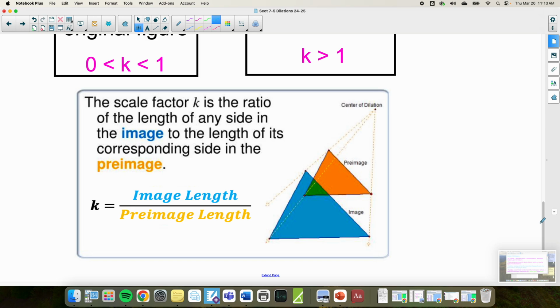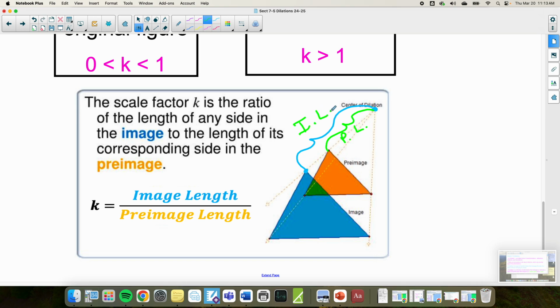But if you did ever need to find K, you would take the distance from your center to one of the points on that first, oh no, I'm lying. My pre-image is actually the orange. So this right here in green, that would be my pre-image length, and in blue, that would be my image length.